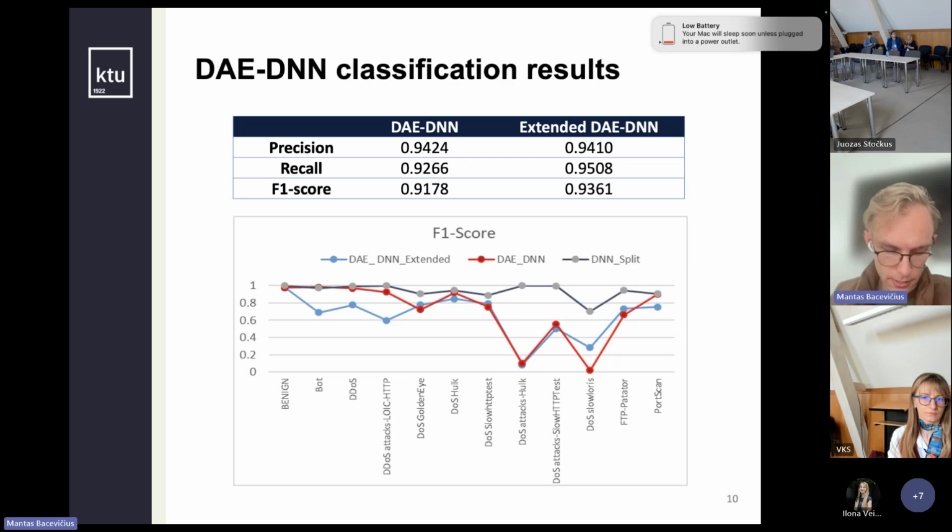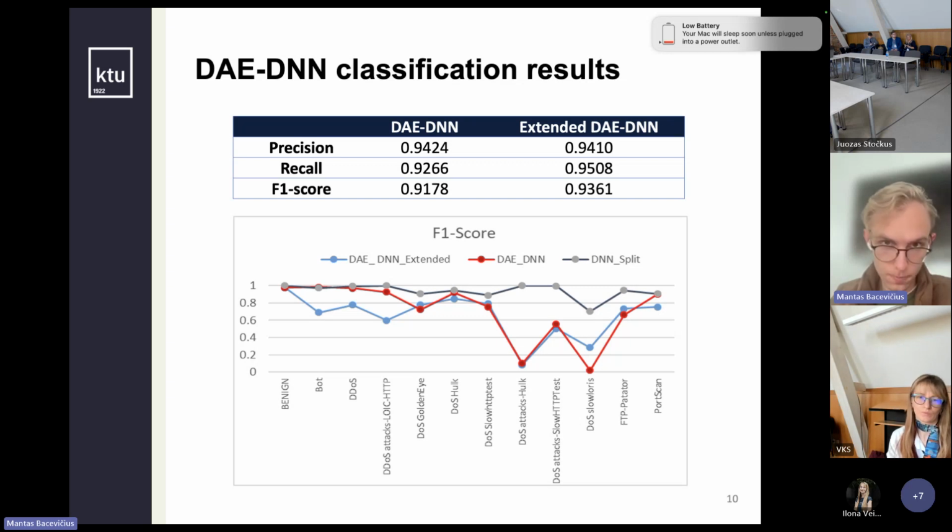The split DAE-DNN classification models achieved the best results compared to the other two models. For results for the remaining class, we can assume that the improved architecture might be an appropriate solution for classifying attacks in this way by creating a class-by-class model.